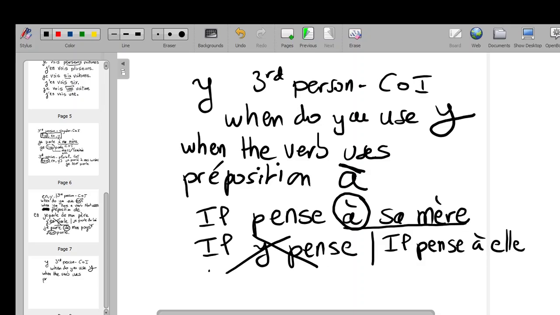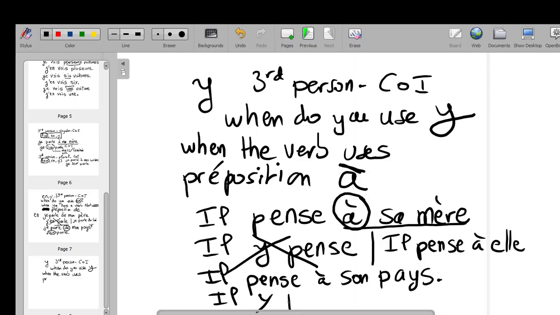However, if it's a thing or a thought, il pense à son pays. He thinks about his country. Then, okay, you say il y pense. So it's the same thing as en. Don't use it if the COI is a person. Only when it's a thing or a thought or whatever.